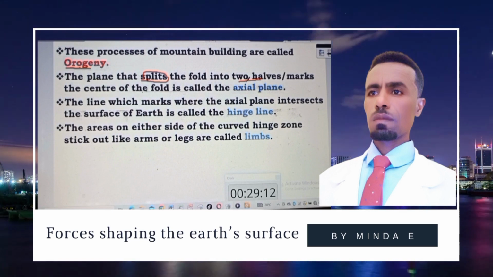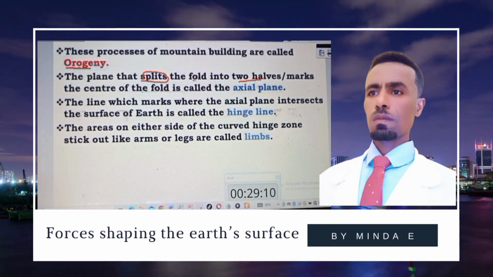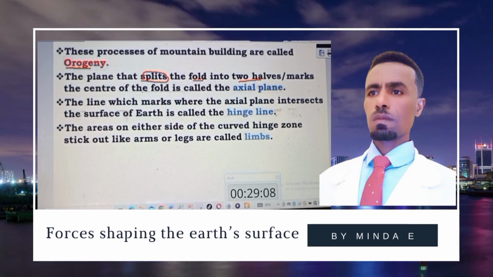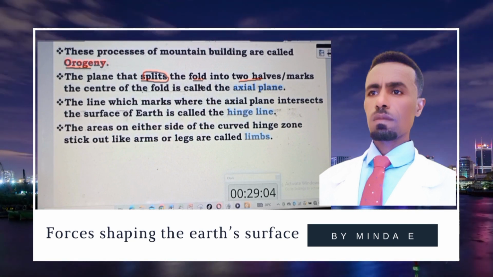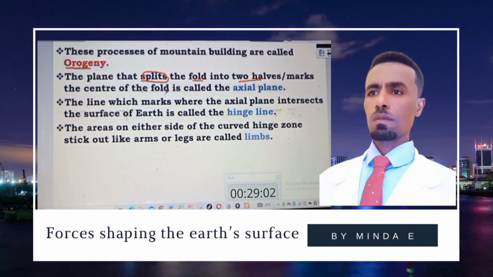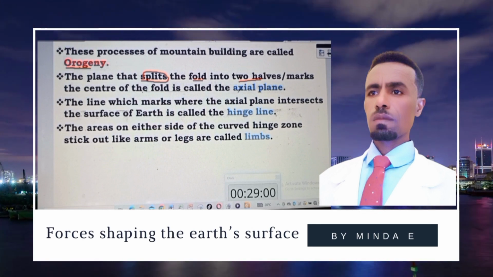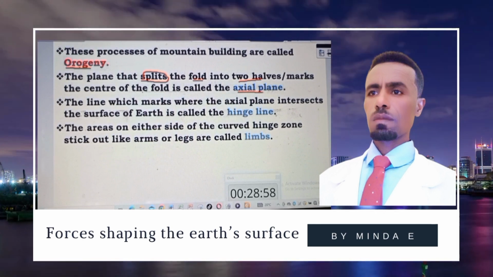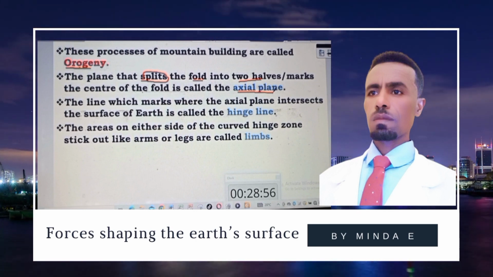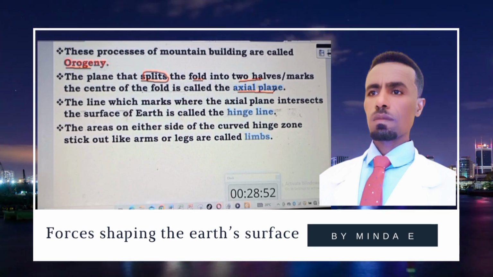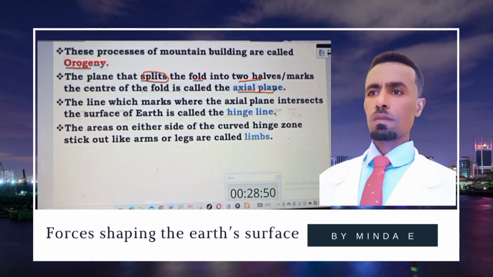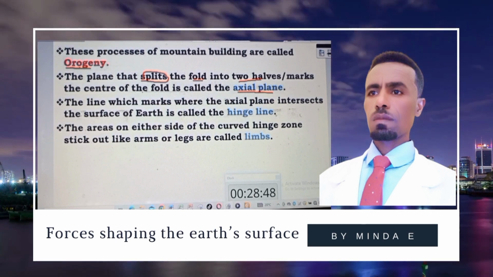The plane that splits the fold into two halves or marks the center of the fold is called the axial plane. So the axial plane is a plane that divides folds into two equal parts.